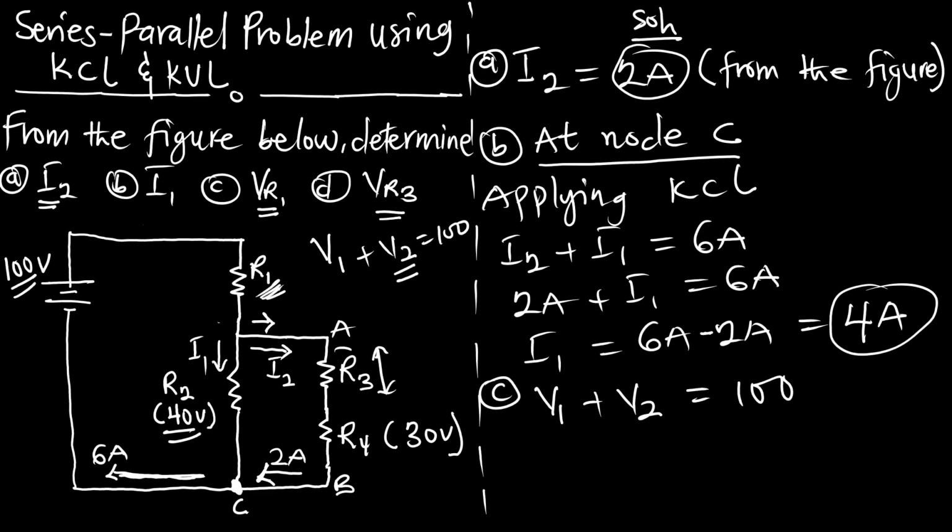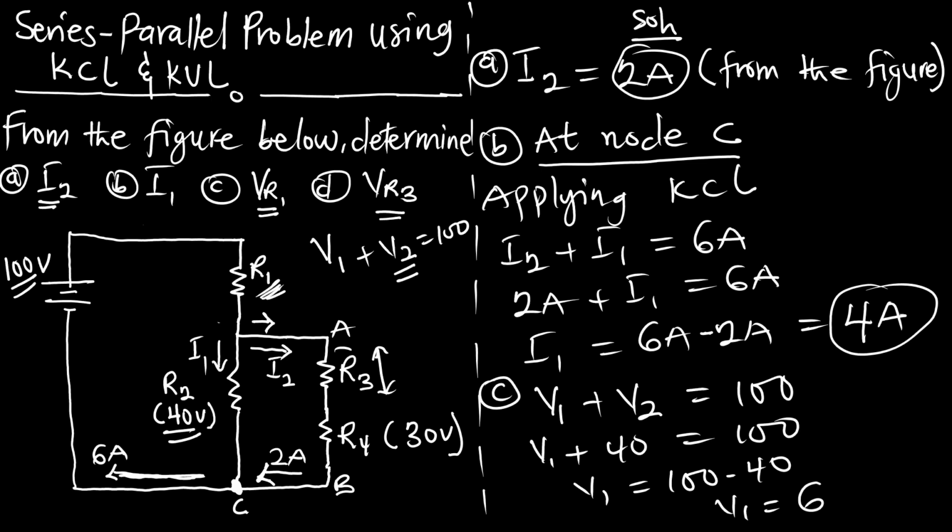So V1 plus 40 equals 100 volts, and V1 can be calculated as 100 minus 40. That gives the voltage across resistor 1 as 60 volts. So the voltage across resistor 1 is 60 volts.